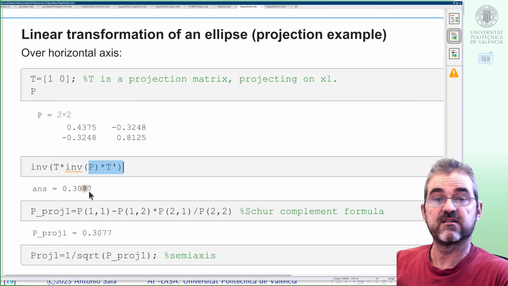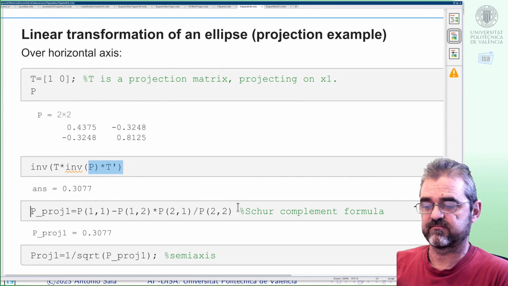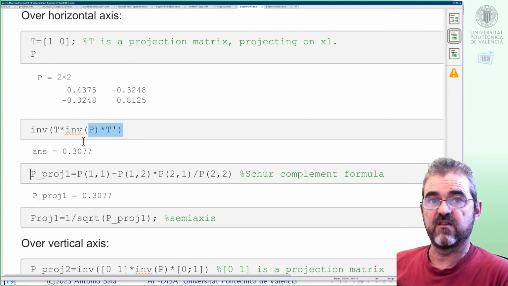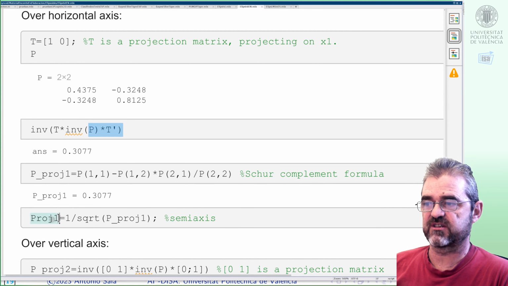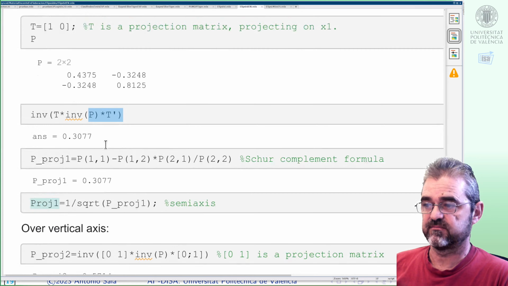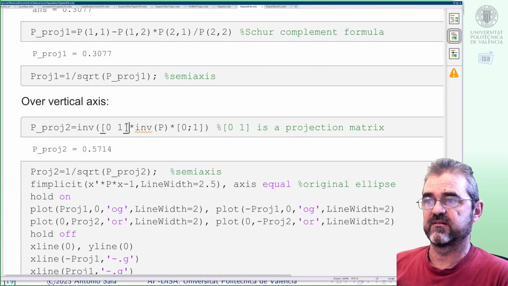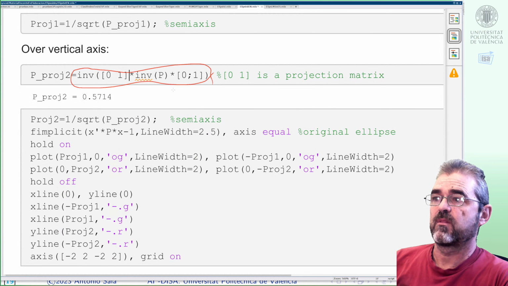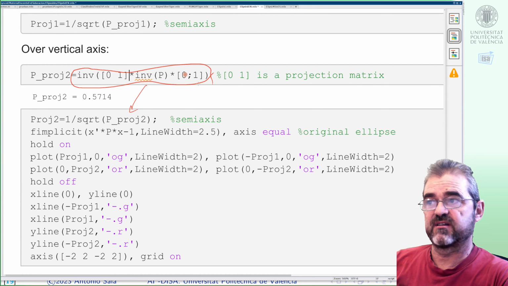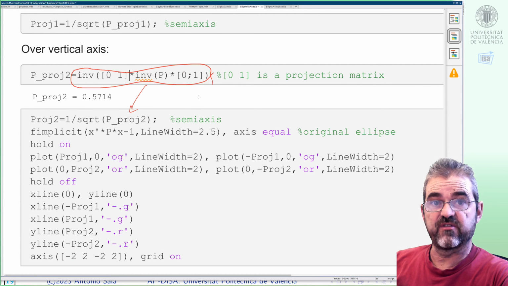Of course it is coincident with the Schur formula. But as the P matrices are inversely proportional to the square of the radius, or interval width in one dimension, the projection size will be 1 over the square root of this 0.31. And if I do the same with matrix 0, 1 when discussing the vertical axis projection, 1 over the square root of this thing will give me the projection over the vertical axis.